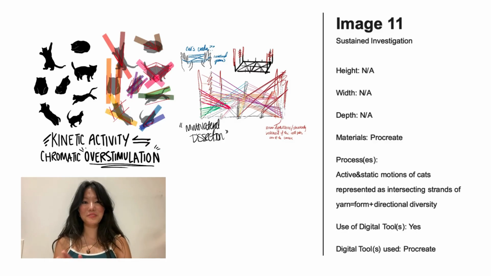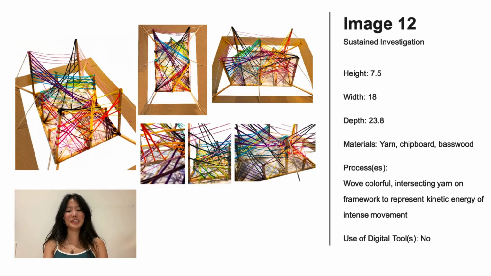Images 11 and 12 represent my project, Chromatic Kinetics, which analyzes the movement of cats and how that translates into color, and also the intersection of different planes represented by string, because I analyzed the body lines of the cats and how they move, the frenzy with which they move, and their energy translated into these spontaneous bursts of color.